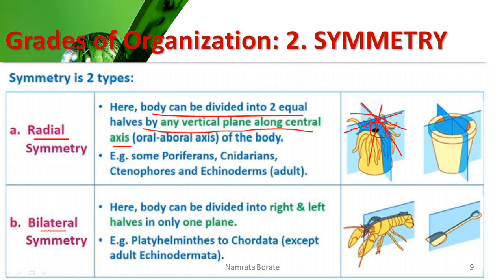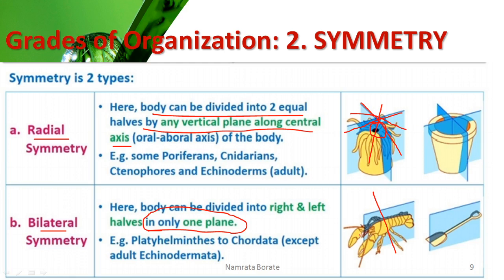The second form of symmetry is bilateral symmetry. The body can be divided into right and left halves in only one plane. In only one plane, this phrase is very important. When this animal is cut in this way, it cannot show two similar parts.